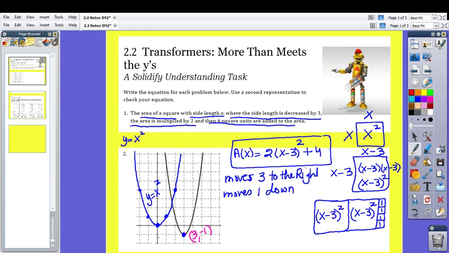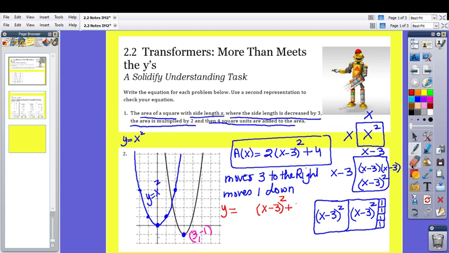So then it will become y equals, now because it moves to the right 3, it will be x take away 3, because the take away tells it's moving to the right and it's moving 3. That's why we are doing take away 3. It moves down 1. The moving down part comes from the number that is outside, so you do plus 1.